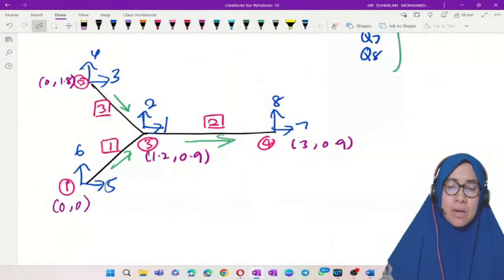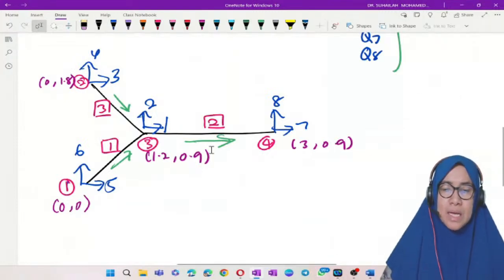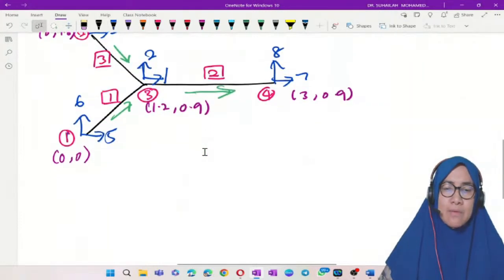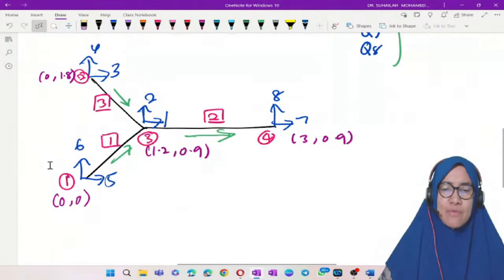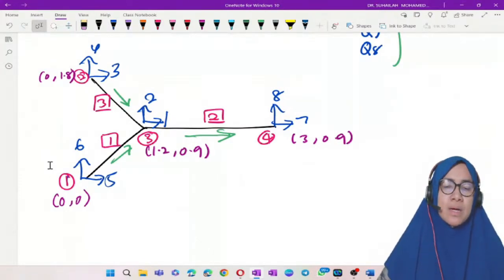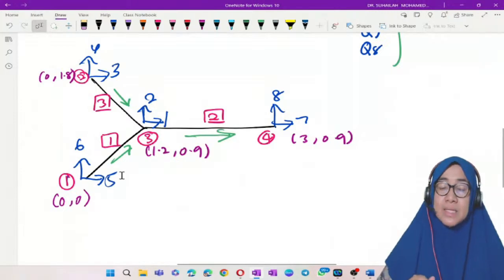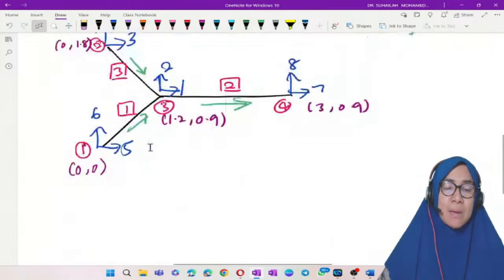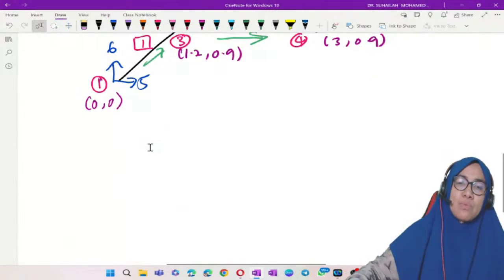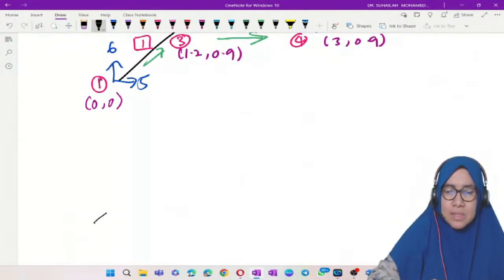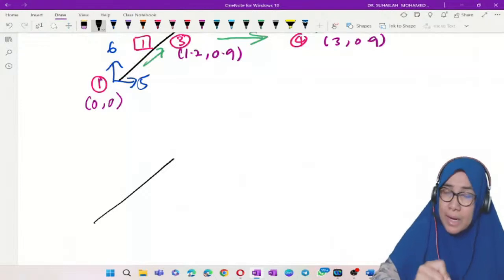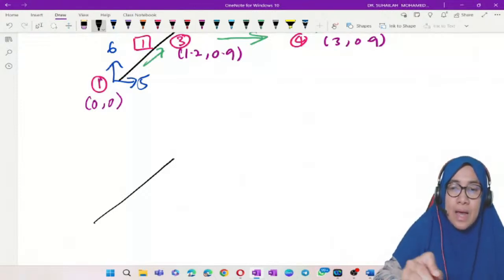We will start with K1, and for calculating K1, we have to calculate Cx and Cy first, because inside the formula we need Cx and Cy. For element number one, I want to extract element number one outside, like this.